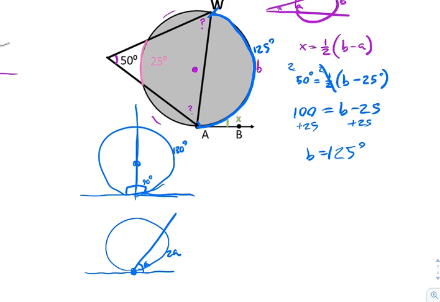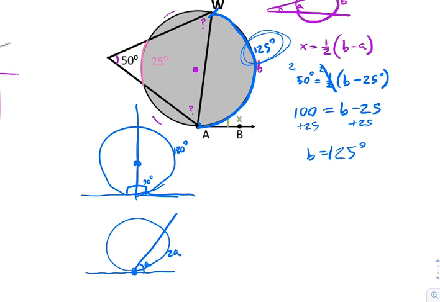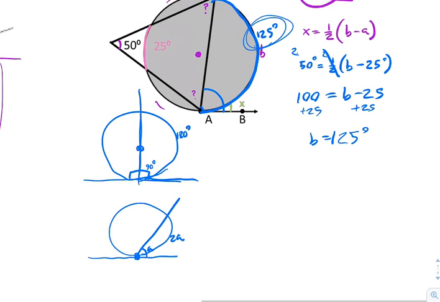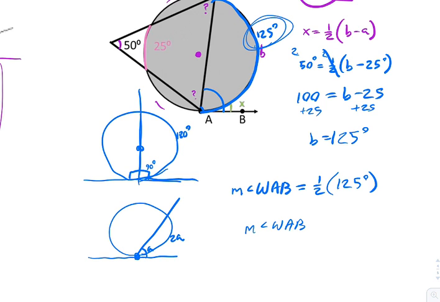Well, this one is half of that. So the measure of angle WAB is just 1/2 of 125. And so 125 divided by 2, the measure of angle WAB is equal to 62.5 degrees, okay?